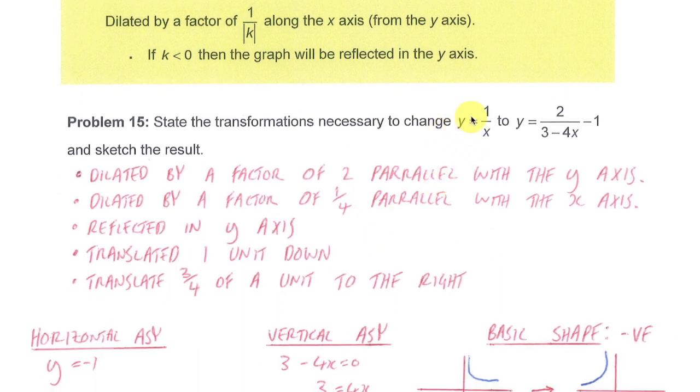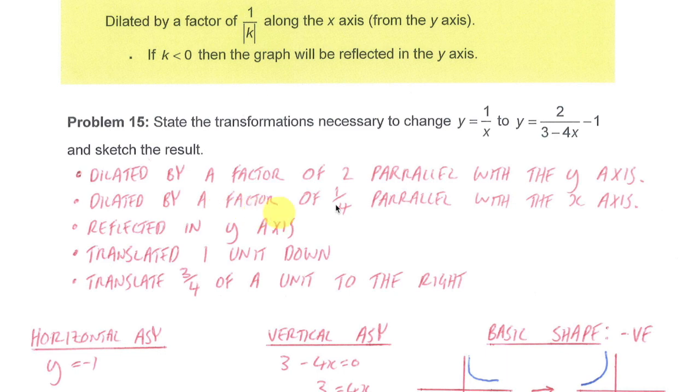State the transformations as we go from there to here. Firstly, we're dilated by a factor of 2 parallel with the y-axis. That's easy. What you'll notice is that there's a 4 immediately in front of the x. That represents a dilation factor that's parallel with the x-axis.